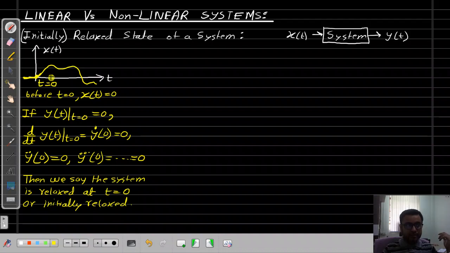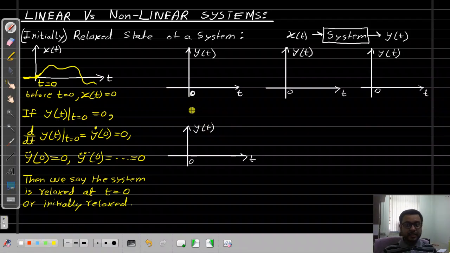Initially meaning that at the moment when the input is started or initiated. Now consider different possibilities. For example, this is how the input looks. Input starts at t equal to 0.